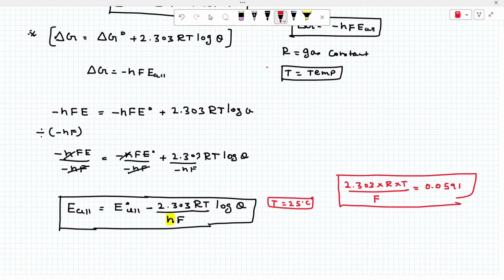For the exam point of view, you can write approximately 0.06.